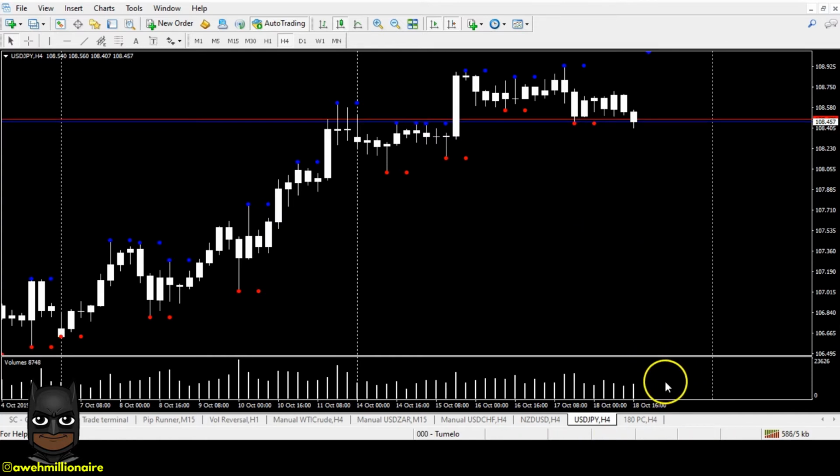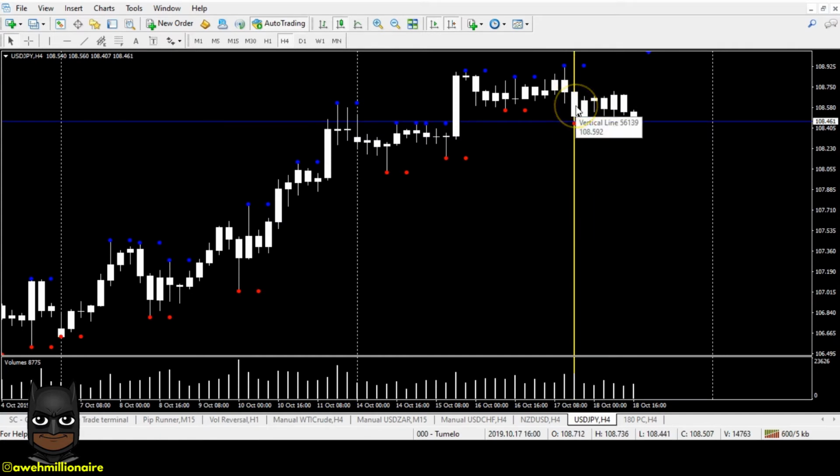So if we go from right to left, we're looking for the most significant, high, obvious volume, which is right over there. And then we simply place our vertical line again to identify the candle with the high volume. So step number 2 is checked.